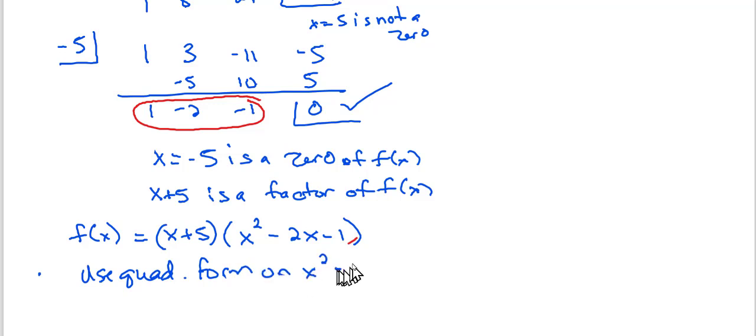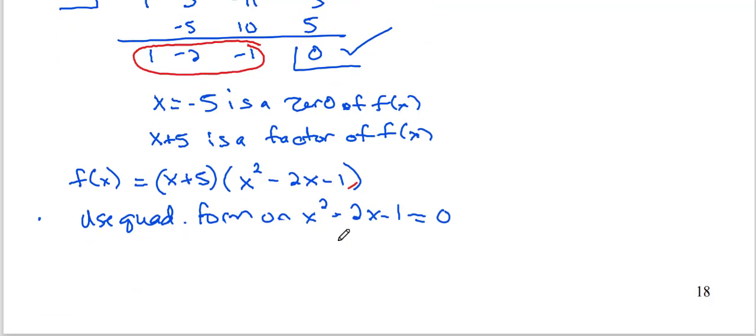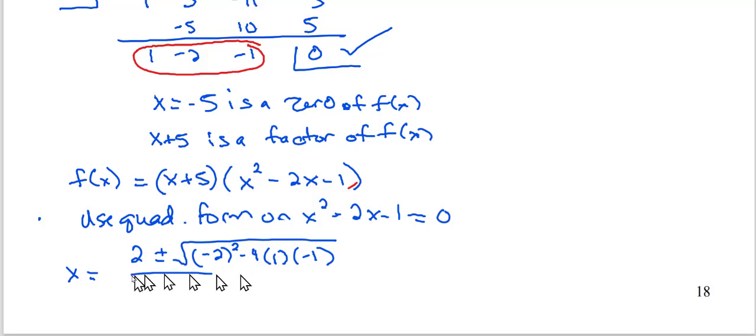on x squared minus 2x minus 1 equaling 0 to find out what the other two zeros are. X will equal the opposite of b, which is 2, plus or minus the square root of negative 2 squared minus 4 times a, which is 1, and c, which is negative 1, all over 2 times 1.